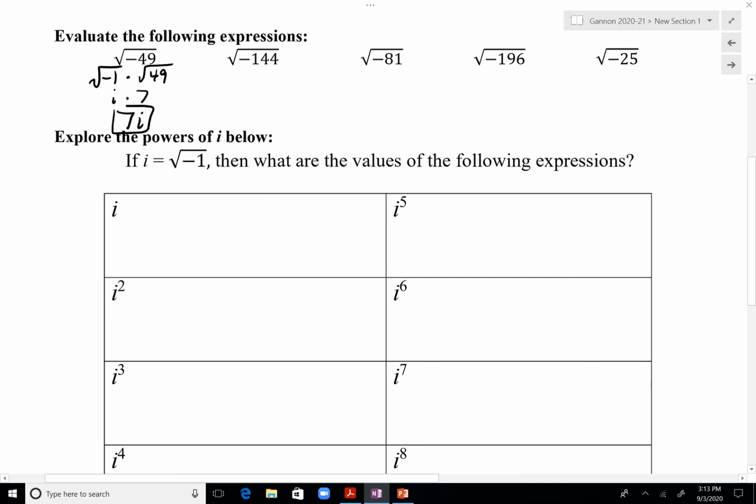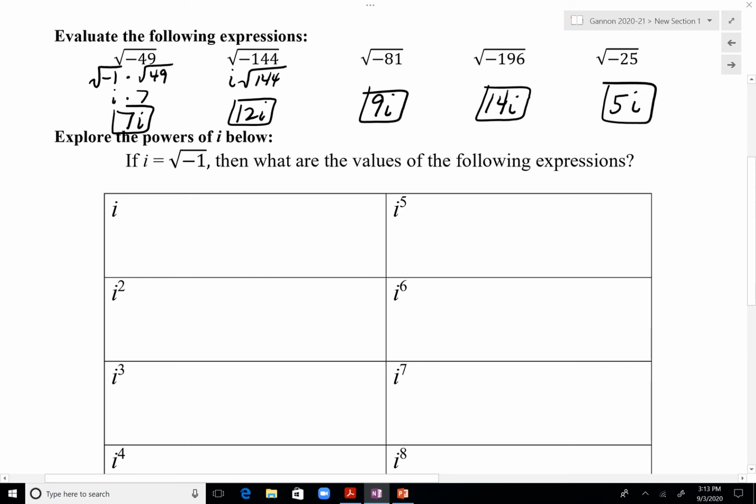The easiest way to think about this is whenever you see that negative underneath, take out the i. The square root of negative 144 is 12i. Eventually you're going to just recognize that the square root of negative 81 is 9i, the square root of negative 196 is 14i, and the square root of negative 25 is 5i.